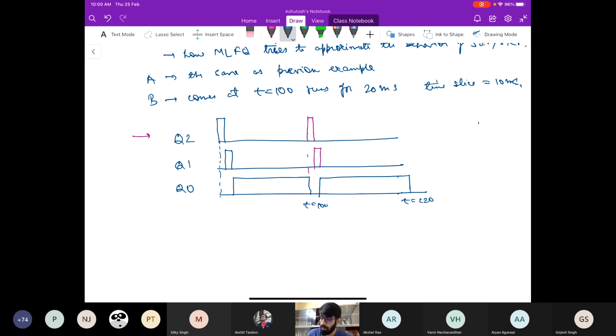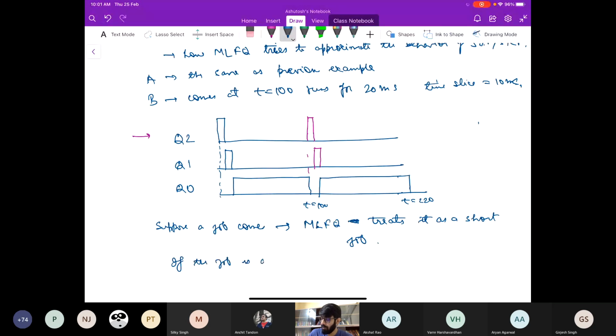So basically, suppose a job comes. What MLFQ does is treat it as a short job, or assume it's going to be a short job, and place it at the highest level.